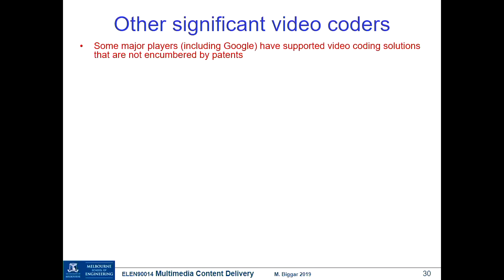And so we form the standard, and then at the same time they get together separately from the standard body and form, as is traditionally done, a patent pool. If lots of organisations have a patent for different parts of a video coder, potentially if you as a manufacturer want to build it, you would have to go and negotiate with 10 different companies.